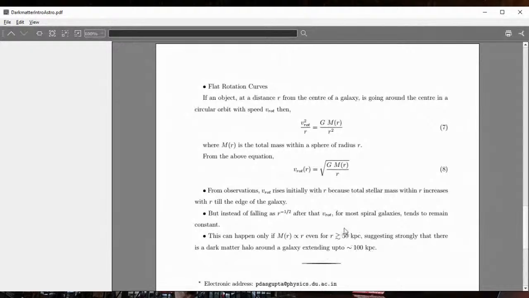From 50 kiloparsec to 100 kiloparsec, the density of the dark matter should fall as 1 over r square in order to explain the flat rotational velocity. All right. Now I will go back to the picture again.